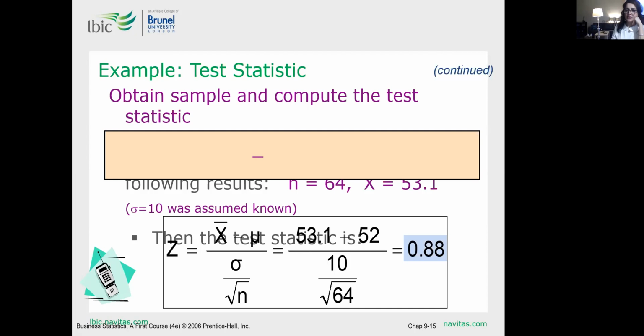We just need to replace the values: 52 as the mean of the population, the sample mean, and the standard error based on sigma and root of n. And then we have the z value of 0.88.